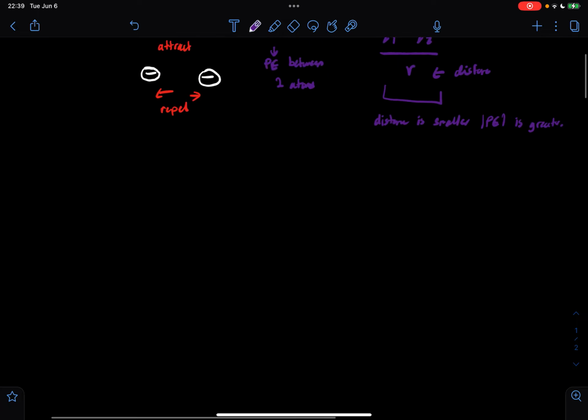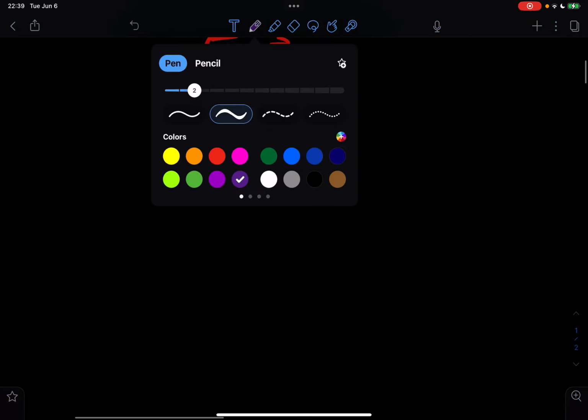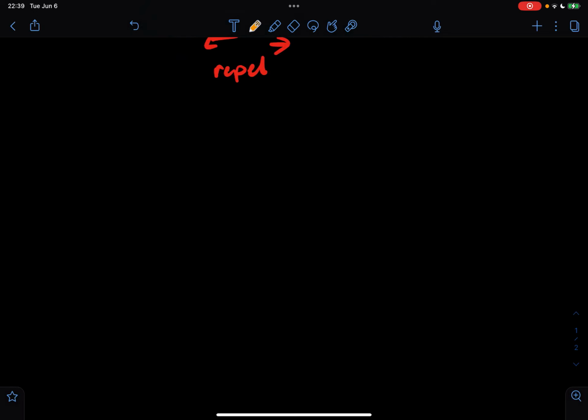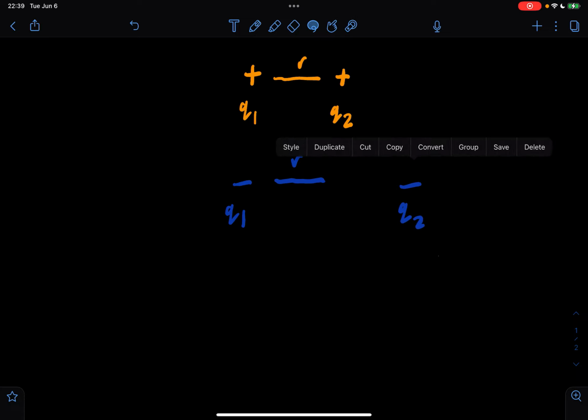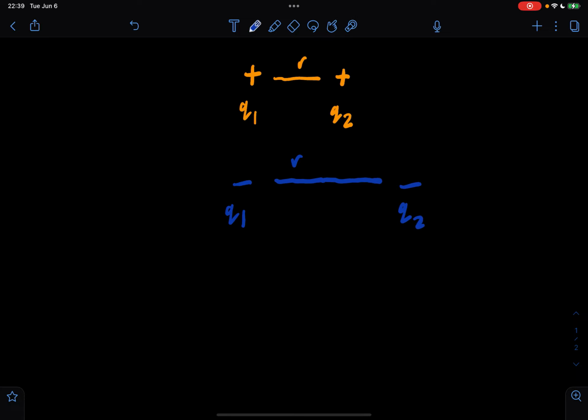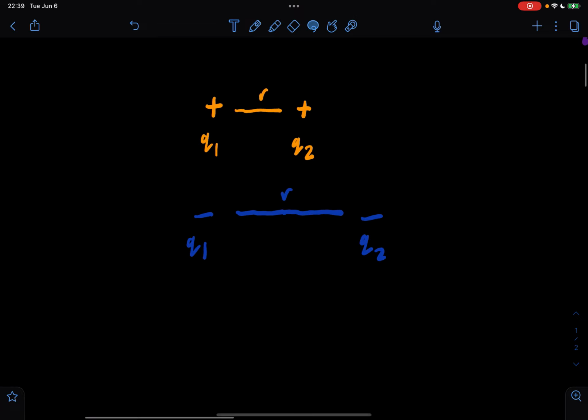So let's say that we have two atoms. One of them is positive, the other is also going to be positive. Call this Q1, we'll call this one Q2. They're separated by a distance of R. And then we're going to have a negative atom here and a negative atom here, and they're separated also by a distance of R. However, this R is going to be much larger.